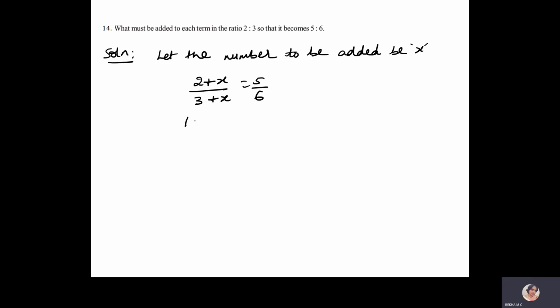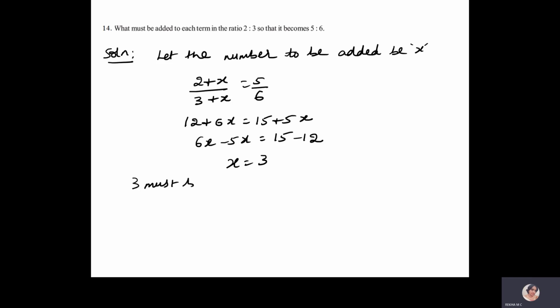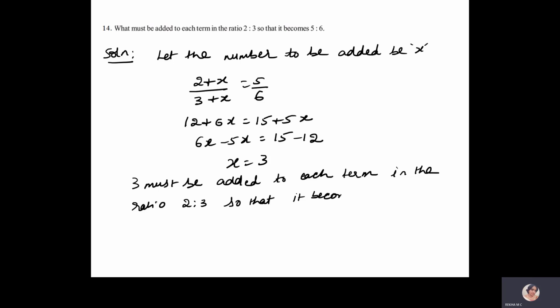Cross multiply, 12 plus 6x is equal to 15 plus 5x. So 6x minus 5x is equal to 15 minus 12. So x is equal to 3. So 3 must be added to each term in the ratio 2:3 so that it becomes 5:6.